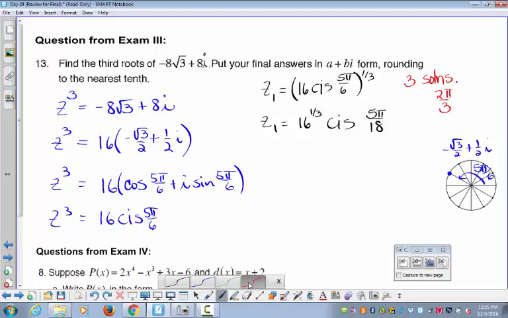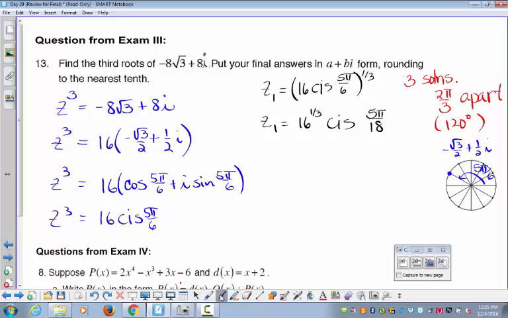So 2 pi over 3, which is 120 degrees apart. Okay, so there's our first answer.